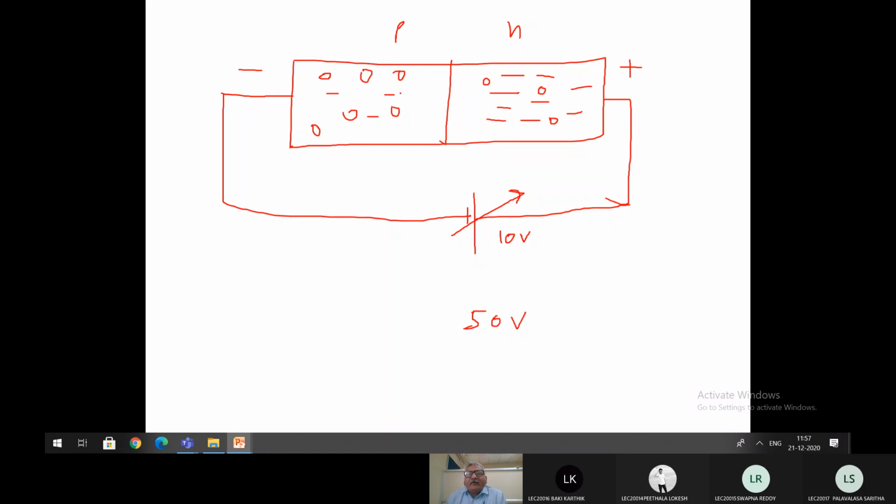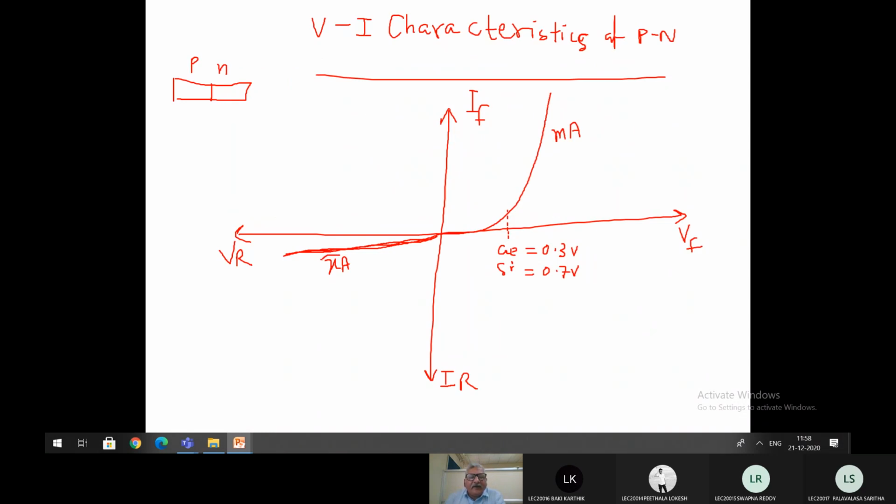In P type the electrons can move towards the positive terminal of the battery, and in N type the holes can move towards the negative terminal. Since the number of minority carriers is small, only a small current will flow. That's why in reverse bias you find current, but it is in the microampere range.